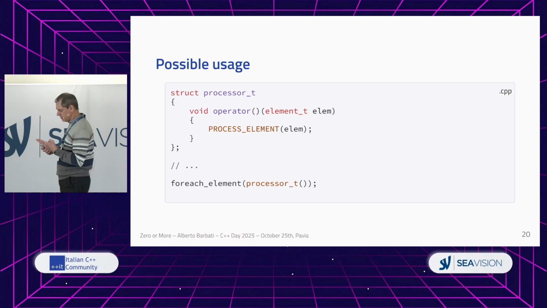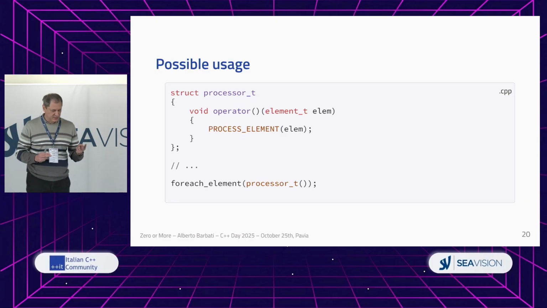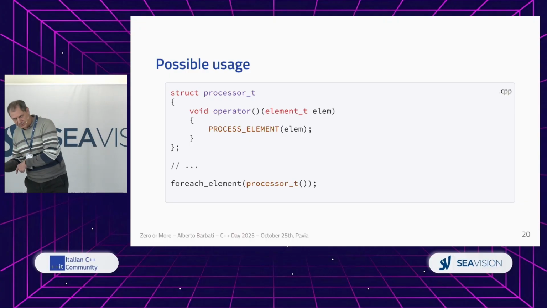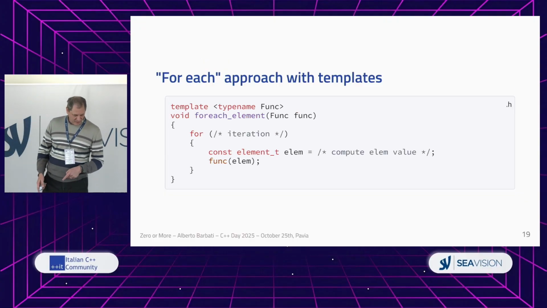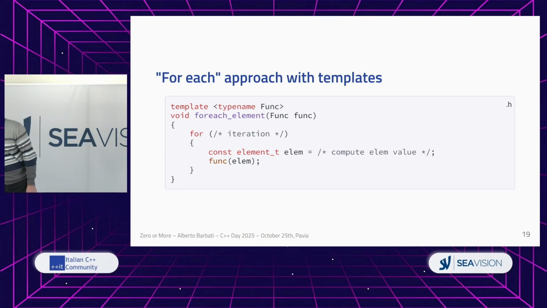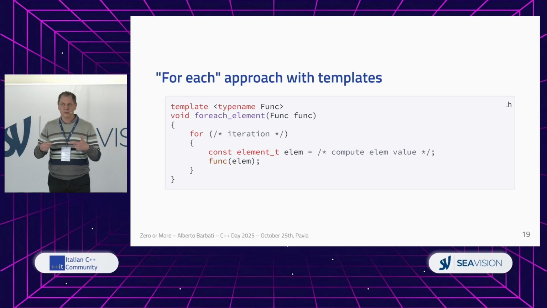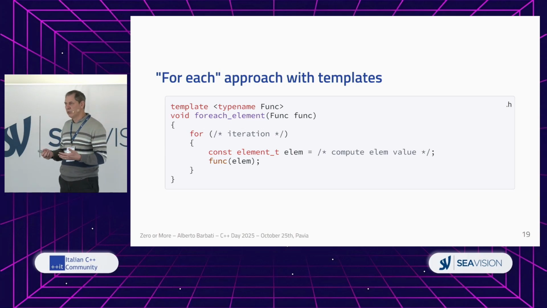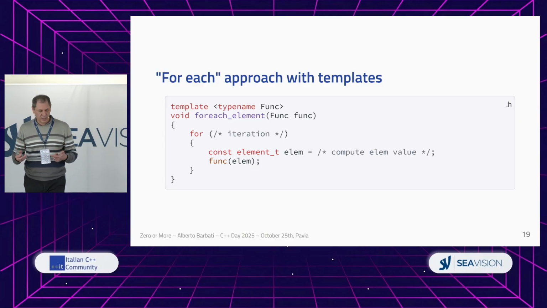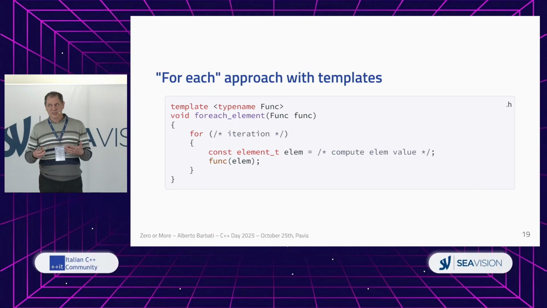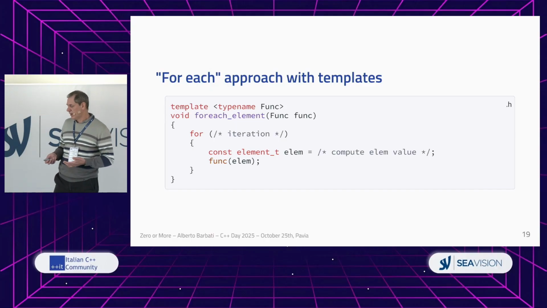The other thing to say is that I said it is a template, and the problem here is that it is a template. As it is a template, you may have seen here that this is in the .h file. It's not in the CPP file. You need to put all the code into the .h file, so the entire code of the function needs to be available to the caller. And this may be a problem.